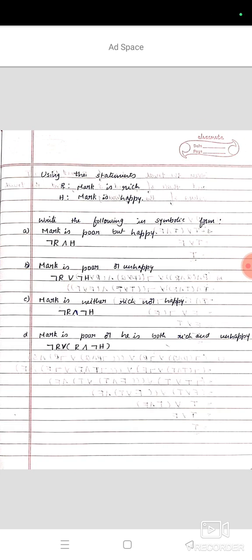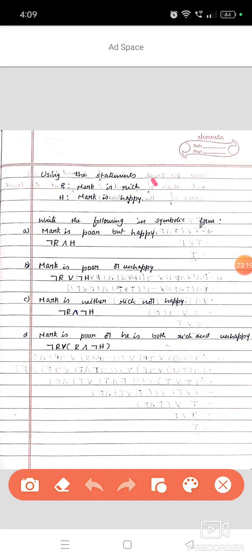Next, using the statements given below, R: Mark is rich, H: Mark is happy. Write the following in symbolic form. What is given? Mark is poor but happy. Mark is poor, but here R and H is given.